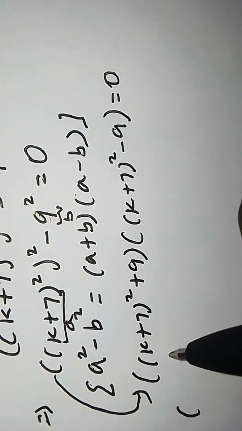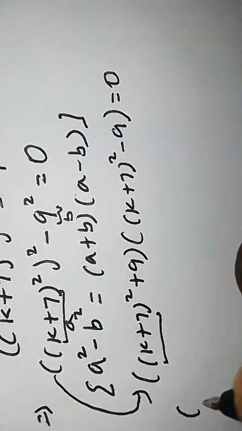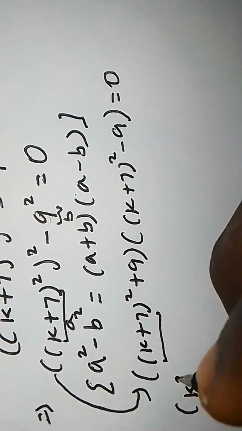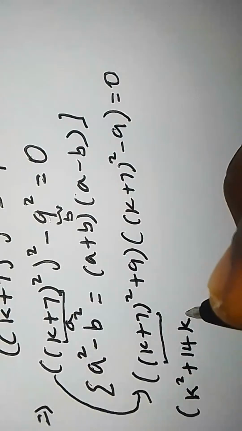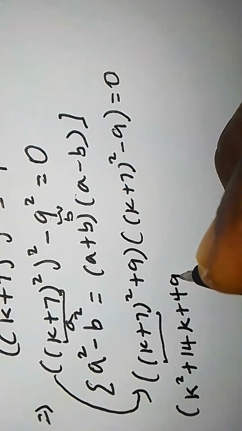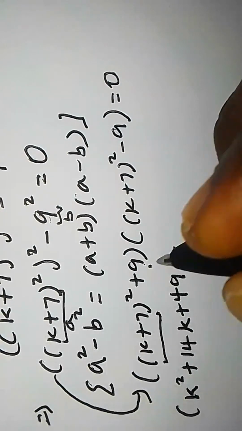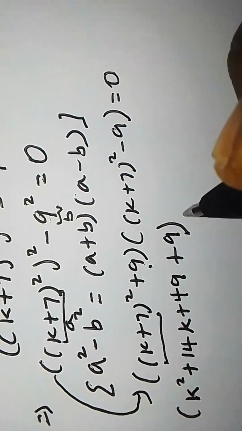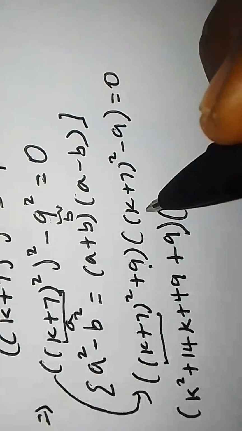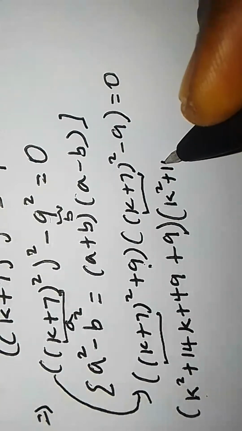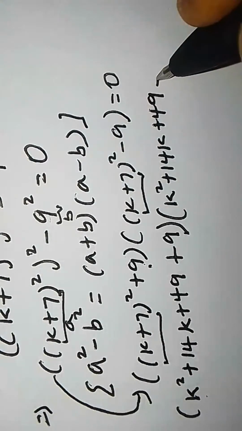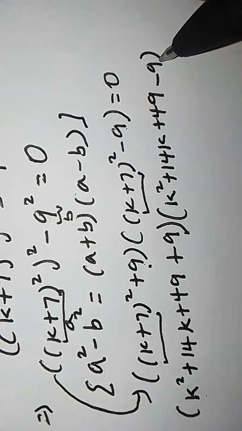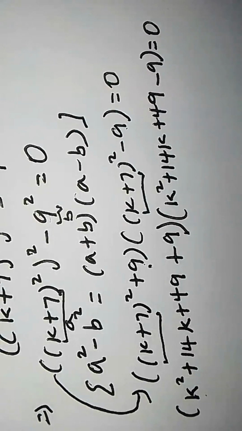If you expand, you're going to have (k squared plus 14k plus 49 plus this particular 9), close the bracket, times, expanding this also, (k squared plus 14k plus 49 minus this particular 9), everything equal to 0.